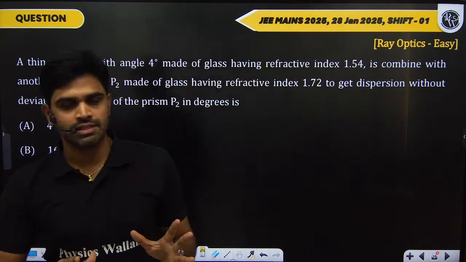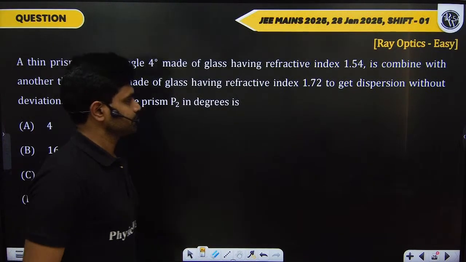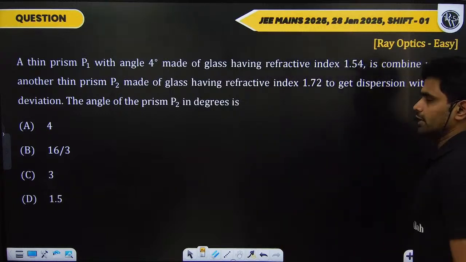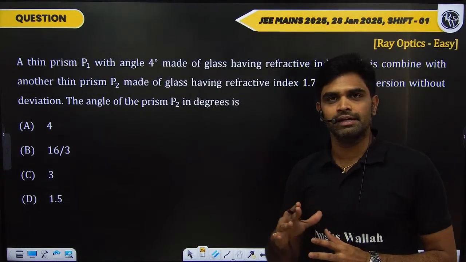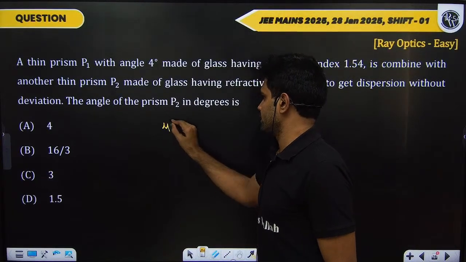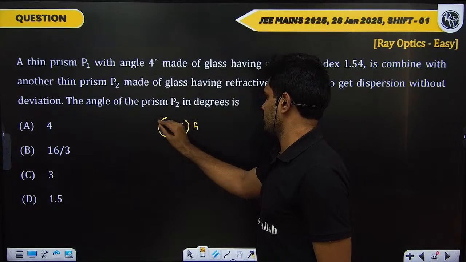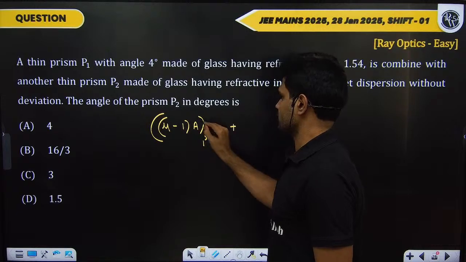There are two prisms. This is combination of prisms. Dispersion without deviation. Deviation of first prism should be cancelled by deviation of second prism. So that is a deviation form.